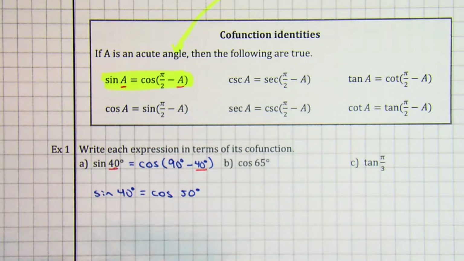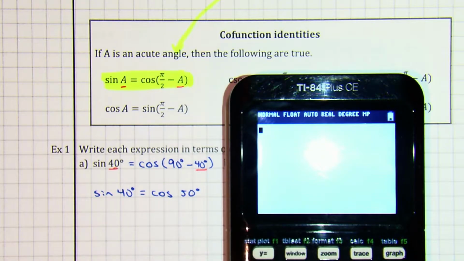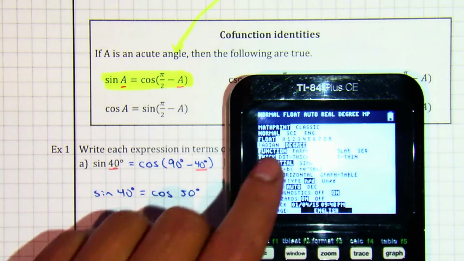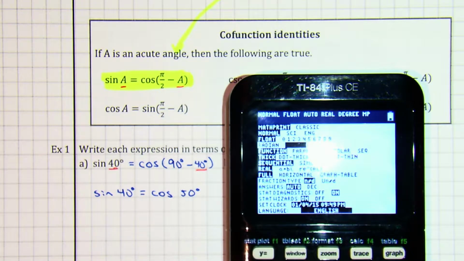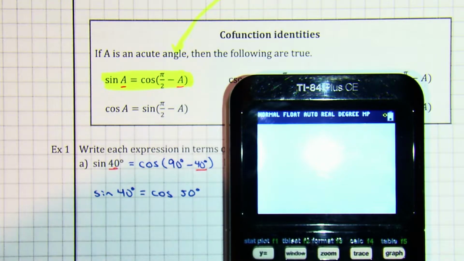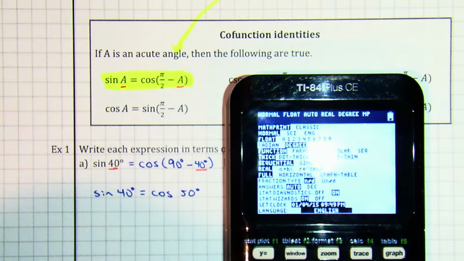And if you type into the calculator the sine of 40, I want to make sure that I have it on degrees, and I do have it on degrees. So you can go under mode, go down to degrees.